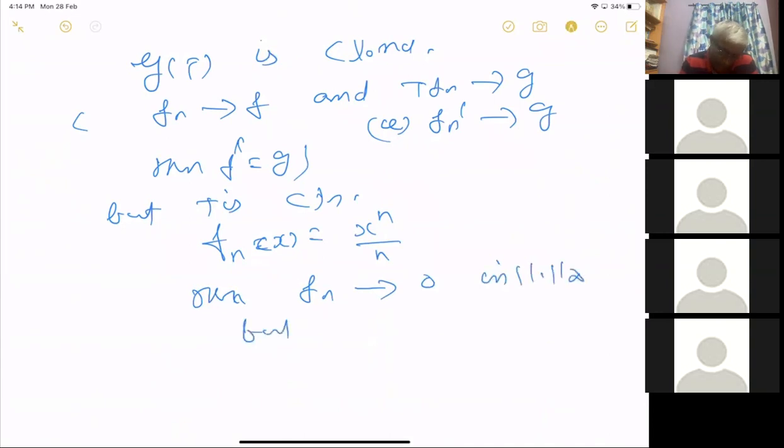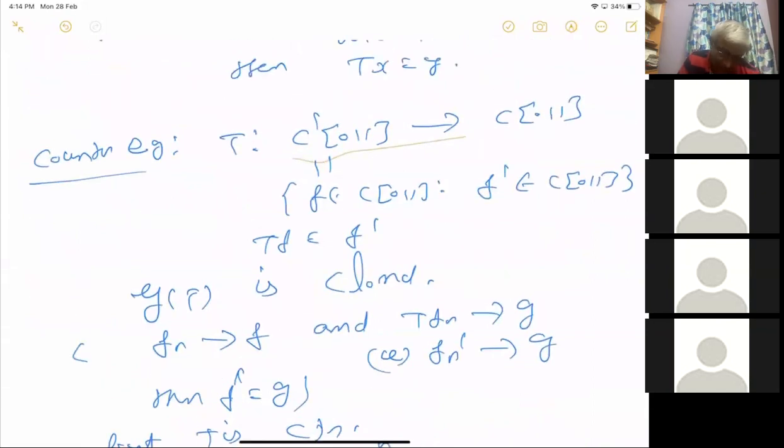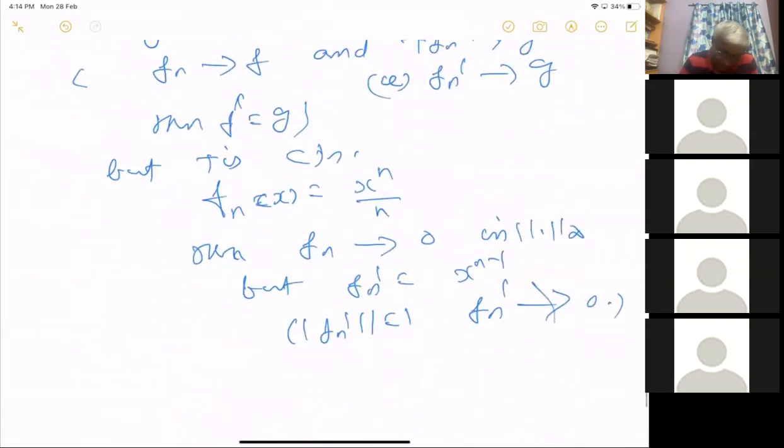But fn prime equals n times x to the n minus 1, divided by n, so x to the n minus 1. This has norm 1. Everyone has norm 1, so it does not converge to 0. So T is not continuous. So the assumption that X is a Banach space is important for the closed graph theorem.